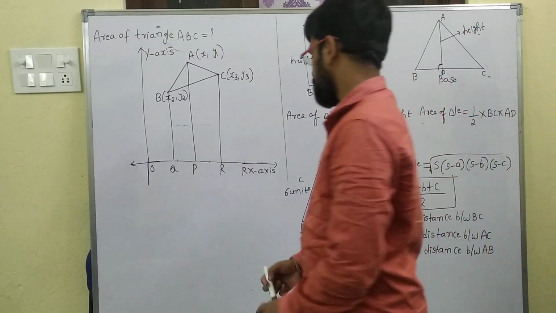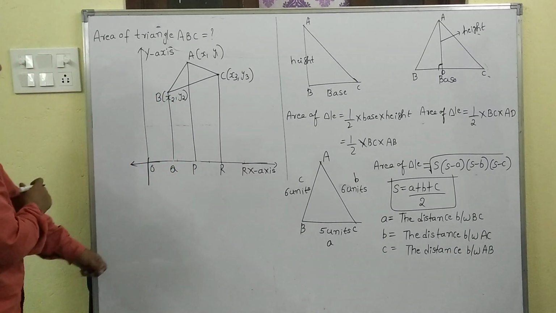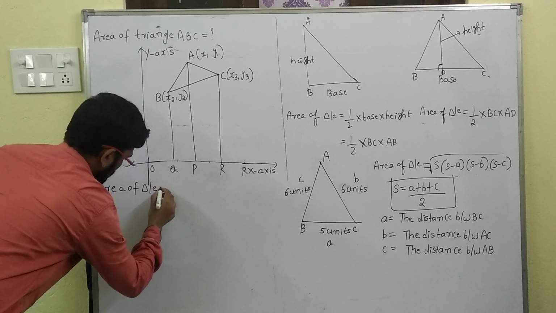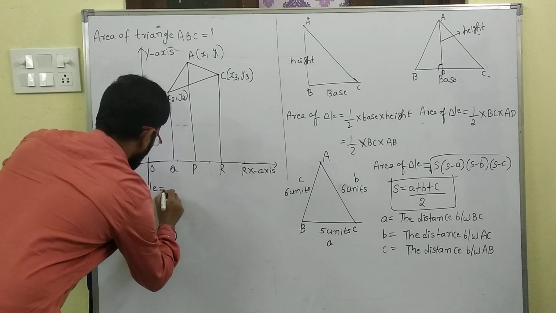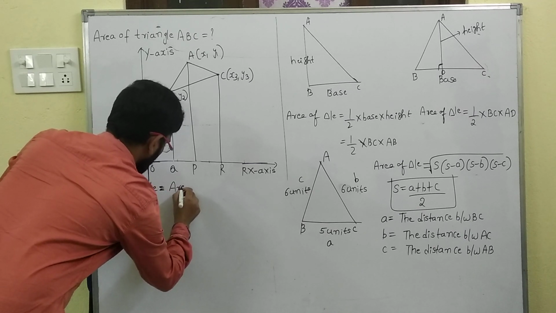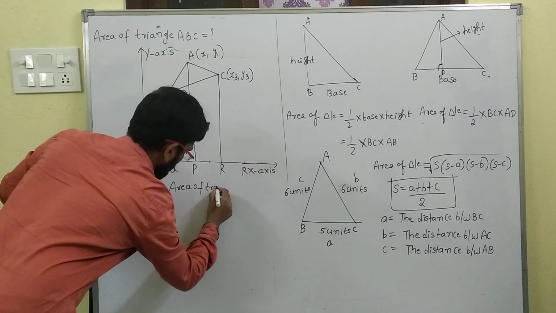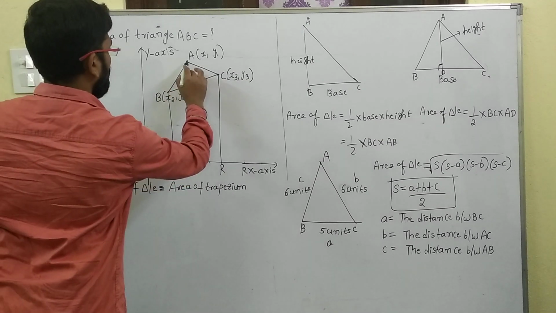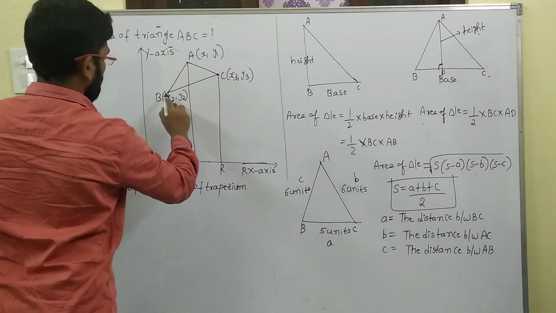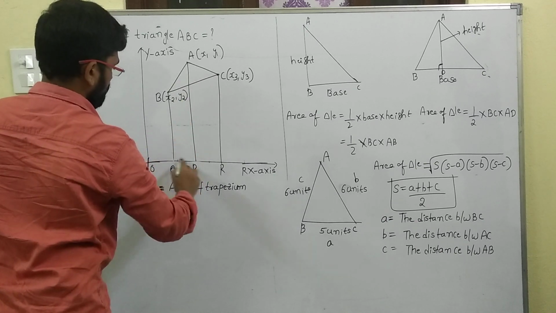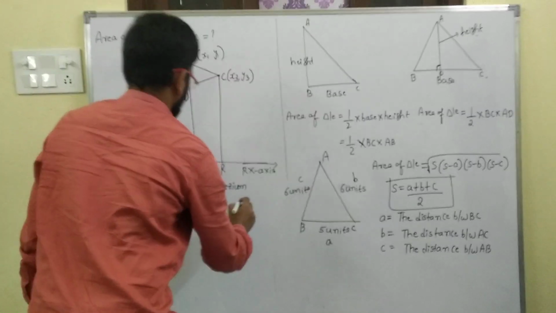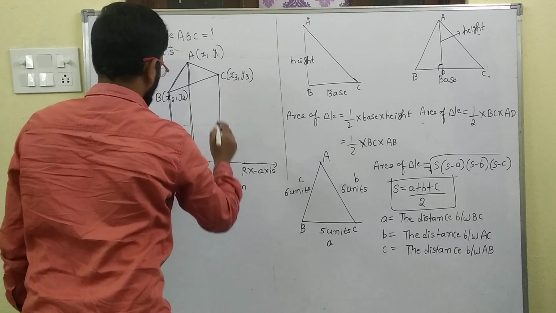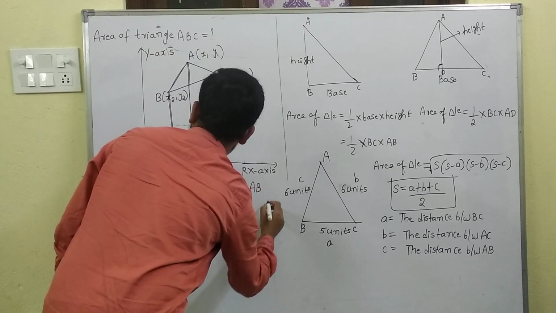Are you ready? To find the area of the triangle if the points are given, we are going to divide the figure first, using the area of a trapezium. ABQP is a trapezium.